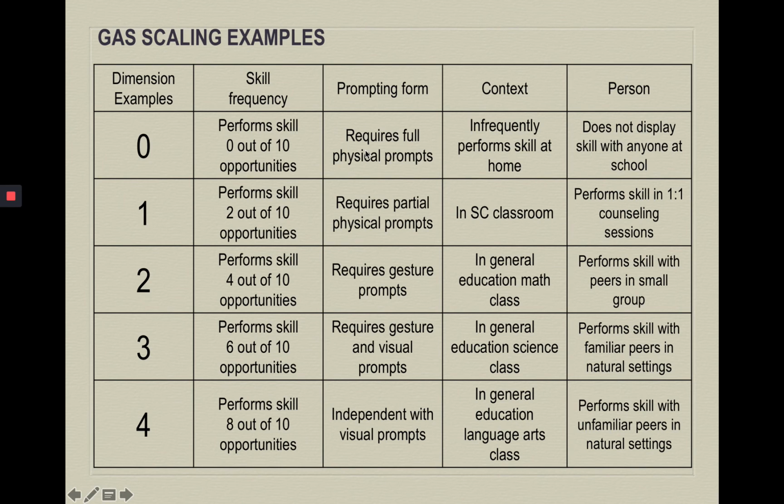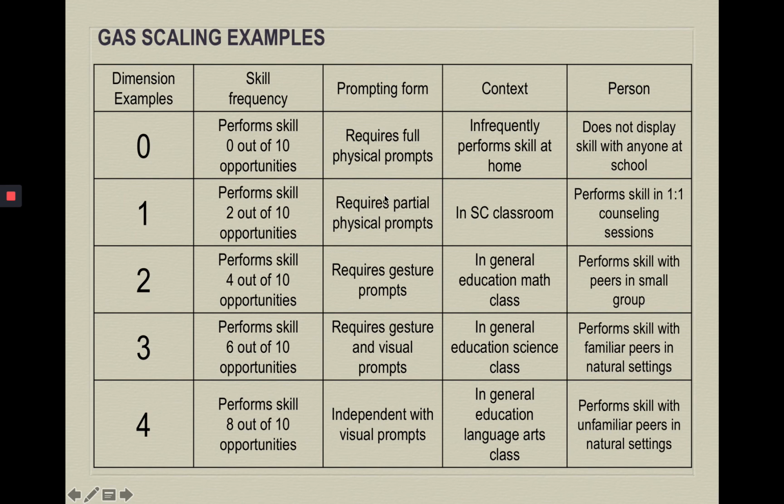I have to go hand over hand to get that item and release it to the peer upon his request. But our goal is that we eventually want our student to respond to a peer request with just a gesture and a visual prompt. So I'm going from a really intense prompt to something that is more natural and more subtle.